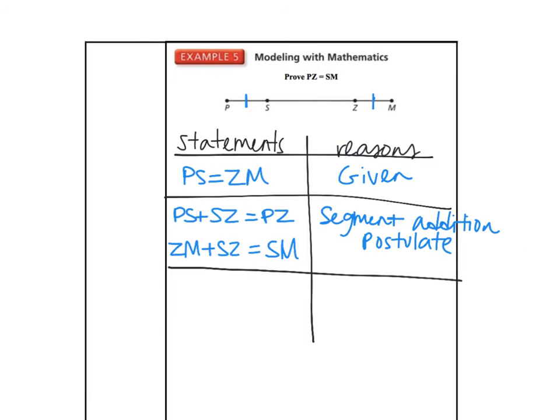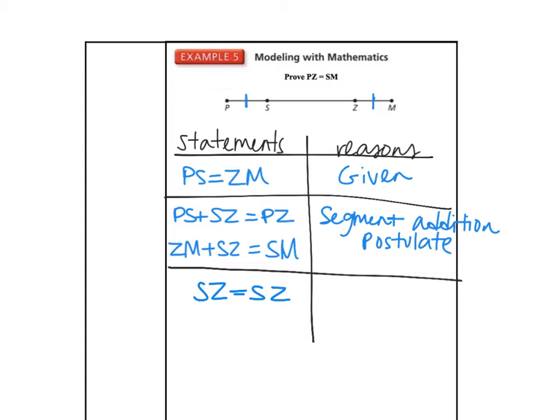Cool. You could do the same type of thing we did last time and substitute. That would be perfectly fine, but we just did one like that, so I'm going to do this one a different way. You could substitute for ZM and then say they're equal to each other. That would be a perfectly acceptable way to do this proof. But I'm going to say that SZ is equal to SZ.